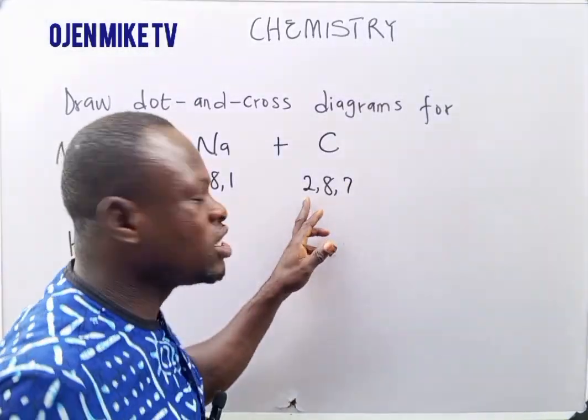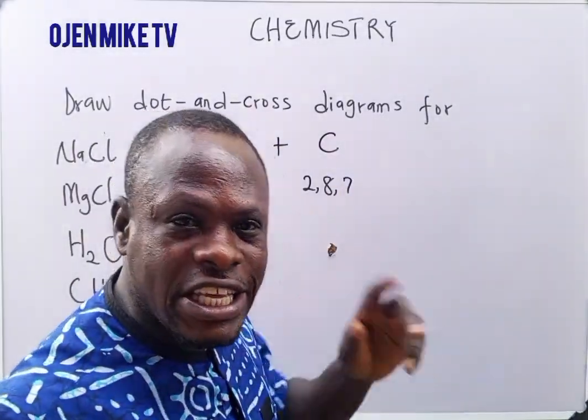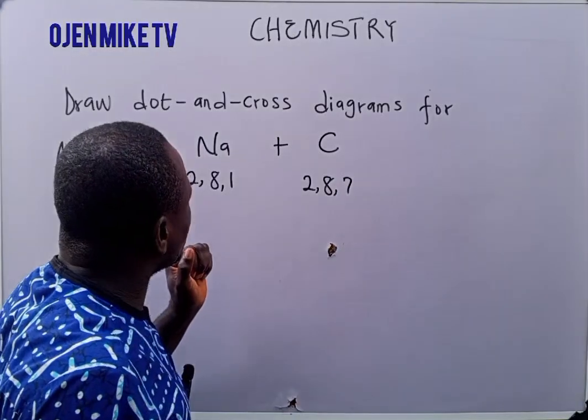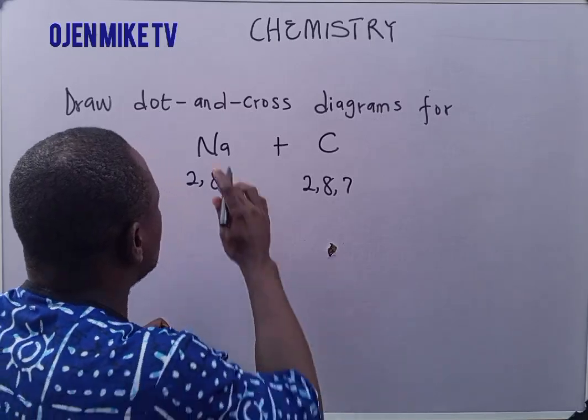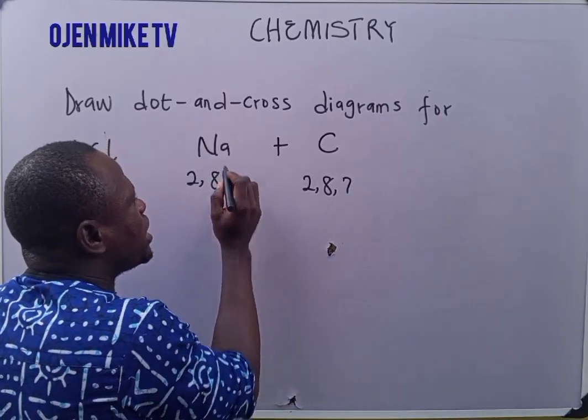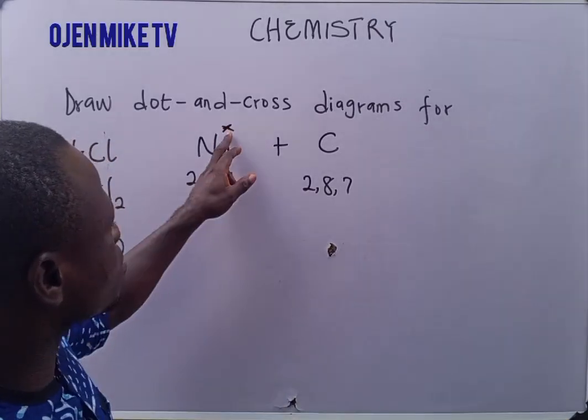That is, the first shell is 2, the second shell is 8, the third shell is 7. Now, this sodium here has one valence electron. We say cross. This is what we call cross.